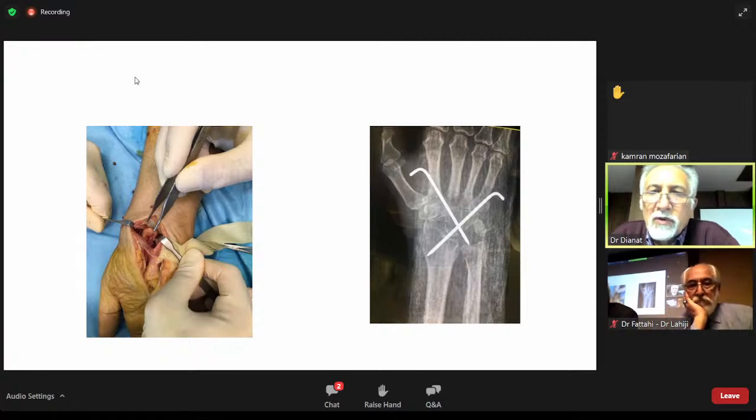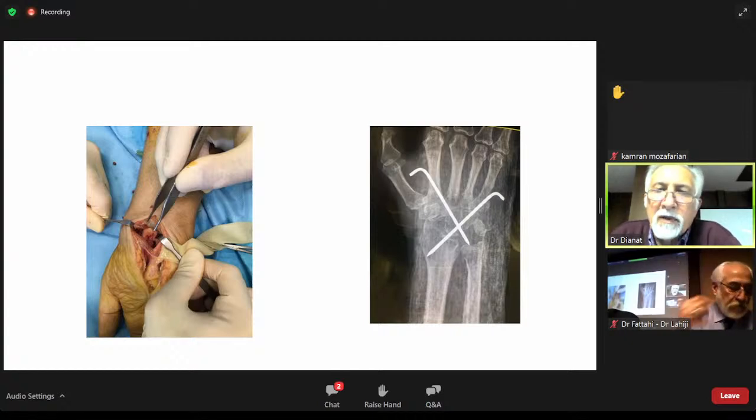So we decided to do a proximal row carpectomy and fix with 2 pins. Unfortunately, there is no follow-up of the patient because he couldn't return to my clinic, and I only have the post-op fixation image like this.